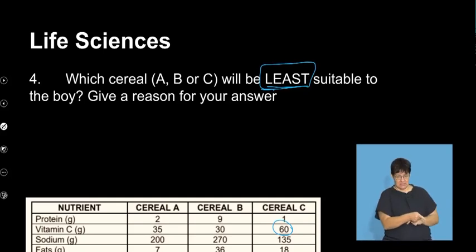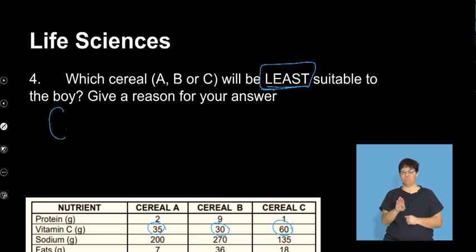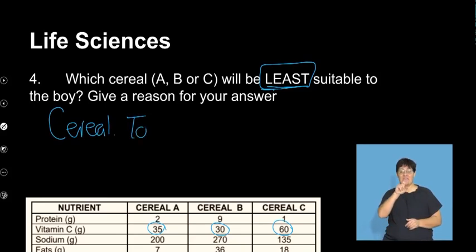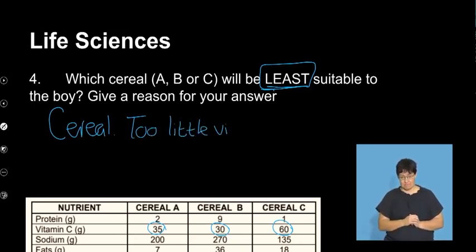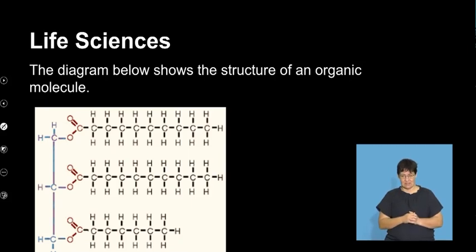If we have a look here, 35 grams here, and 30 grams, so we worked out the percentage. This cereal B, he mustn't have. Why? It has too little vitamin C. What do we want? It says the least suitable, not suitable. So this is the one we definitely don't want him to take.